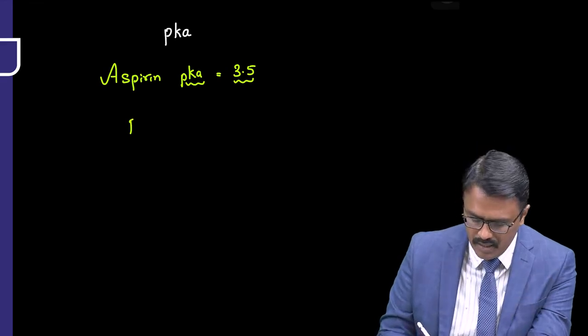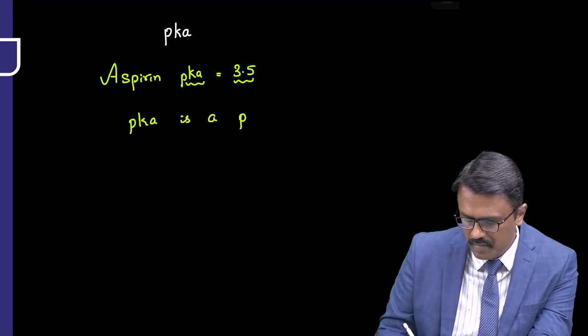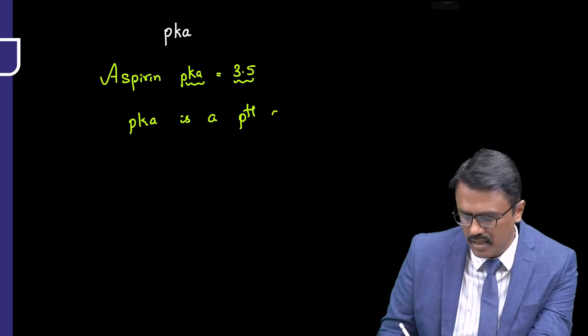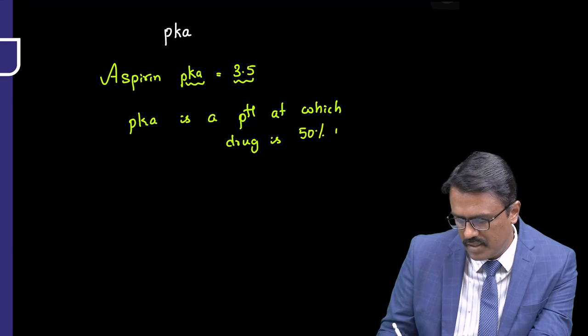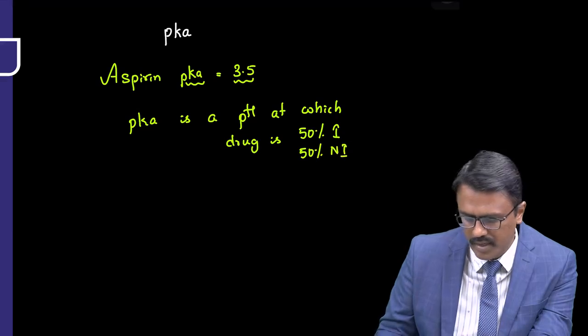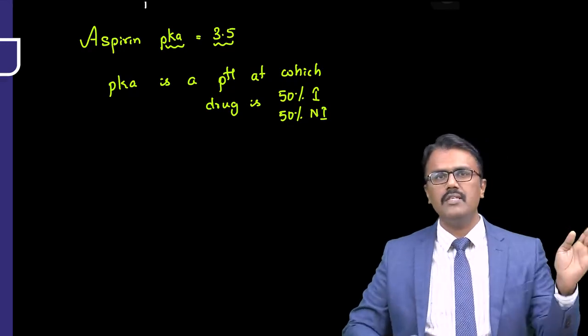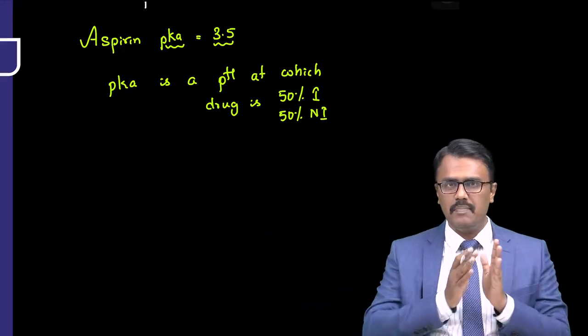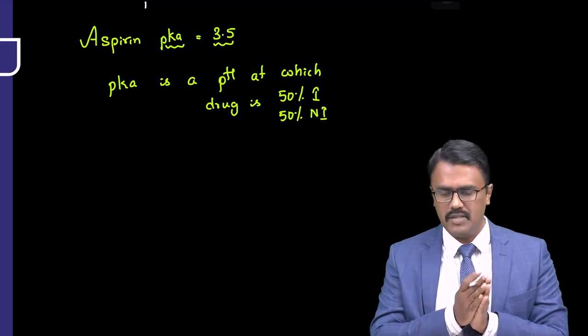Now the meaning of pKa: pKa is a pH at which the drug is 50% ionized and 50% non-ionized. I'll repeat again. pKa is a pH point. You know the pH range is from 1 to 14. It is the pH at which the drug is 50% ionized and 50% non-ionized.